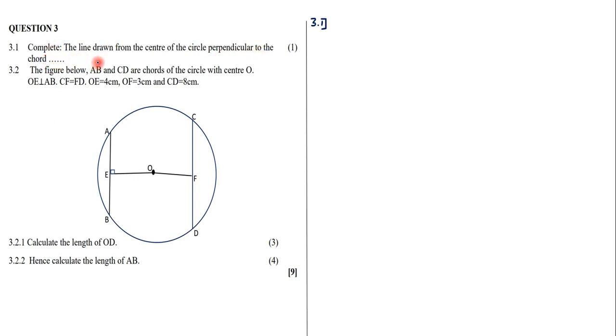So basically here we need to finish that sentence. To finish it, we would say that the line drawn from the center of a circle perpendicular to the chord bisects the chord.